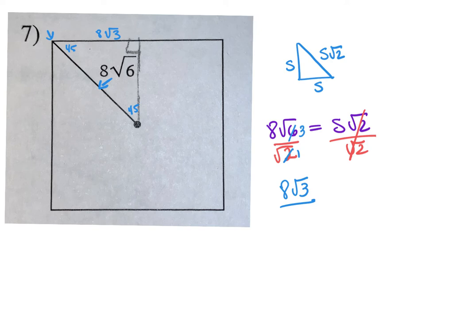So I can do this one of 2 ways. I can do 1/2 apothem times perimeter if I want to, but it's a square. So if I have half of my side length as 8 square root of 3, my entire side length is just that doubled. So the entire side length here is going to be 16 square root of 3.